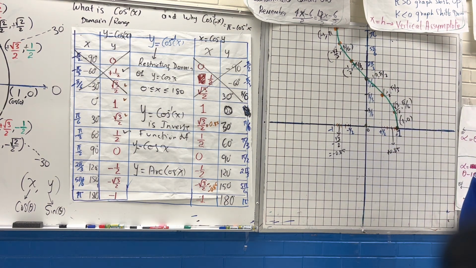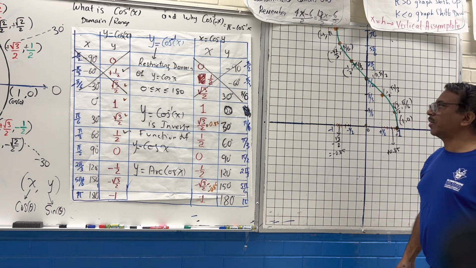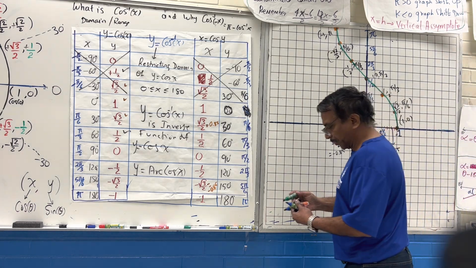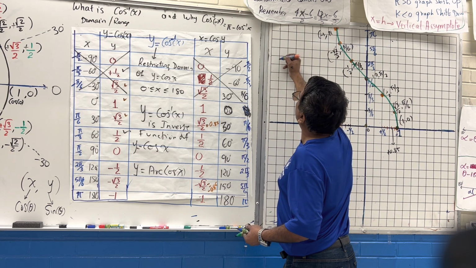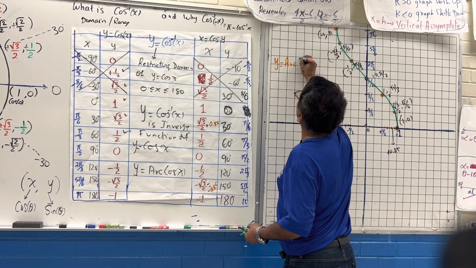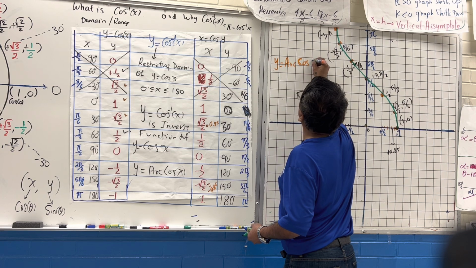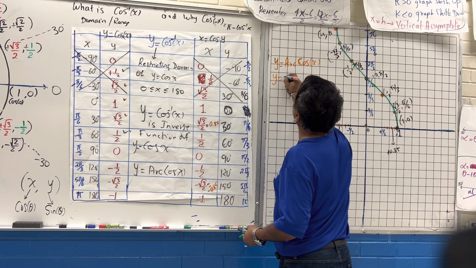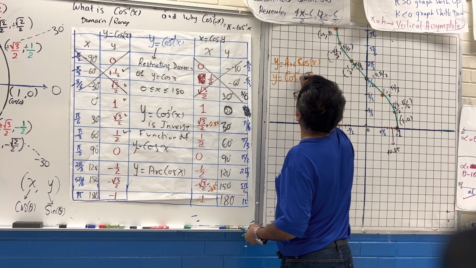There you go. That's the graph. That's how it looks. Beautiful graph, which is y equals arccosine of x, or y equals cosine inverse of x.